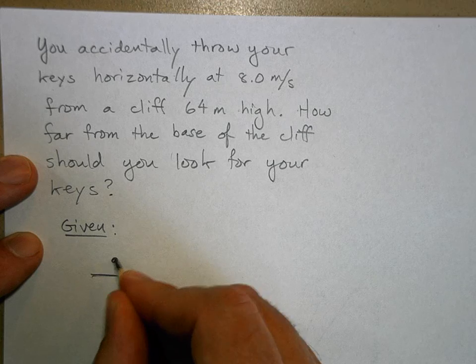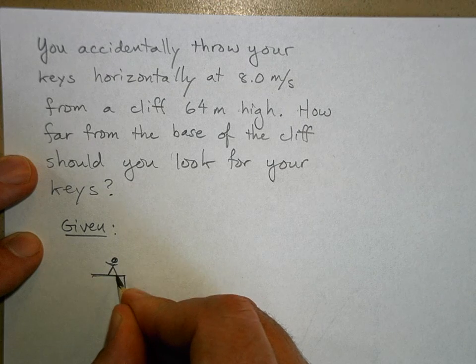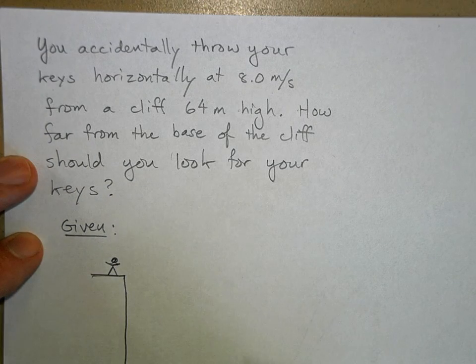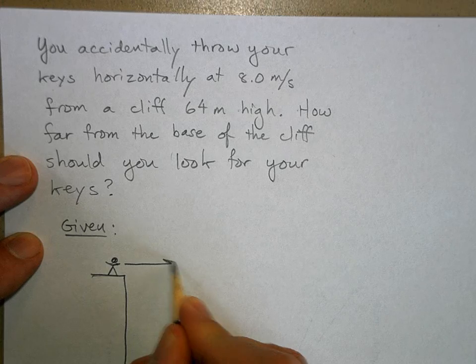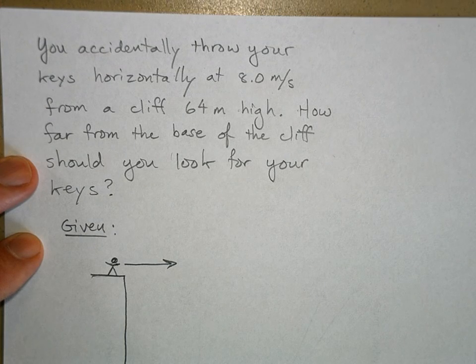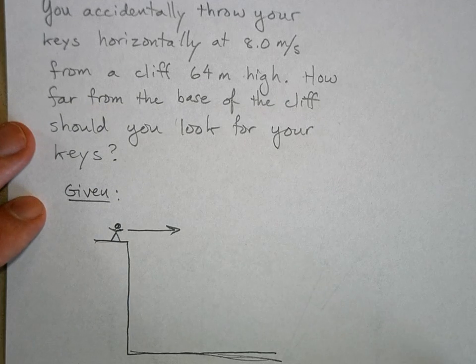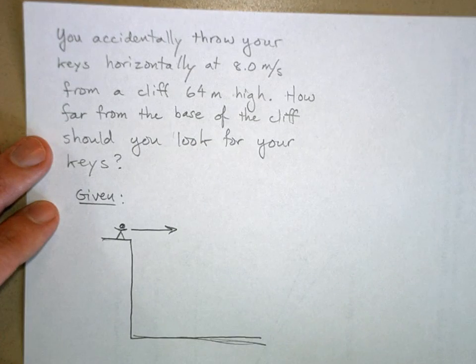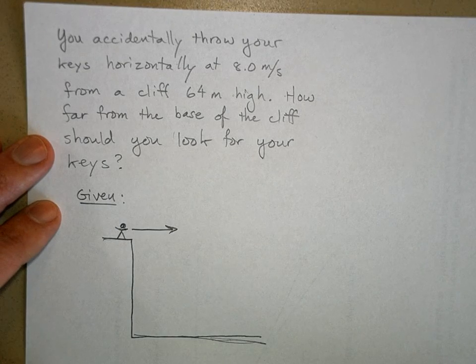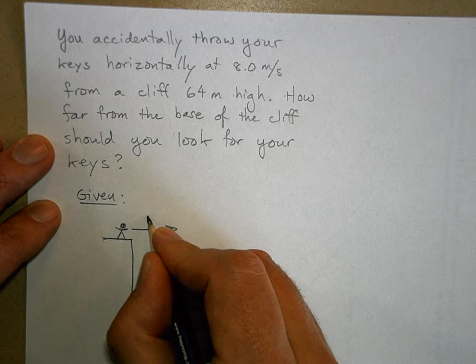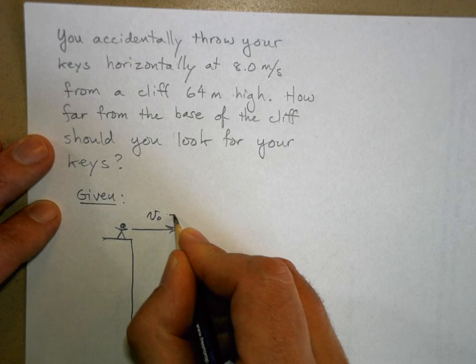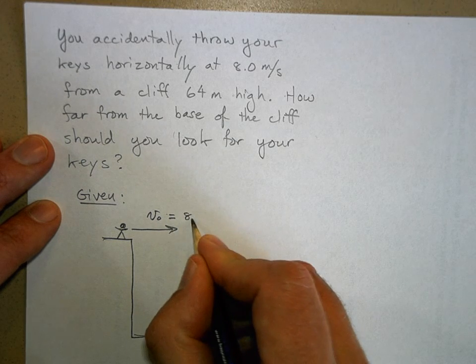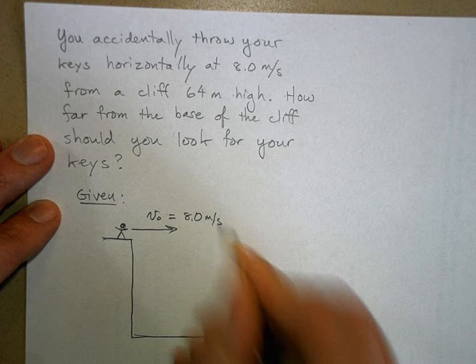And here are you standing on here, and you throw the keys like this, horizontally. Whoops, let me zoom out a little bit. And you throw your keys horizontally, and the initial velocity is 8.0 meters per second.